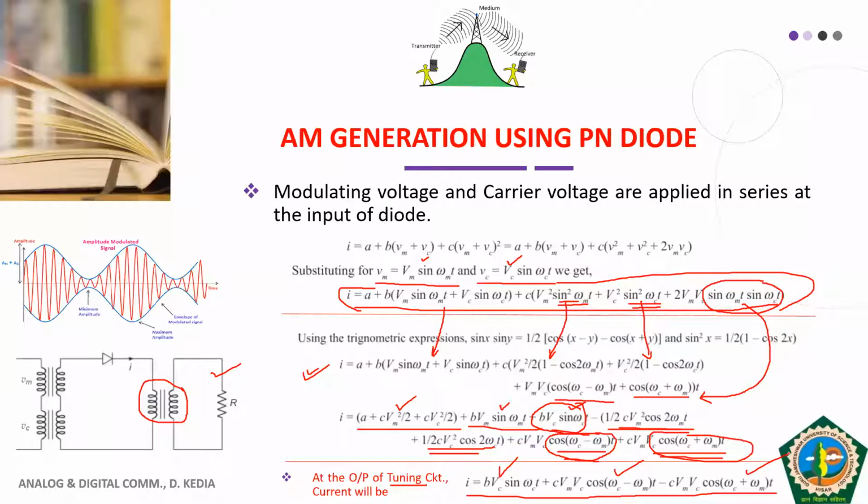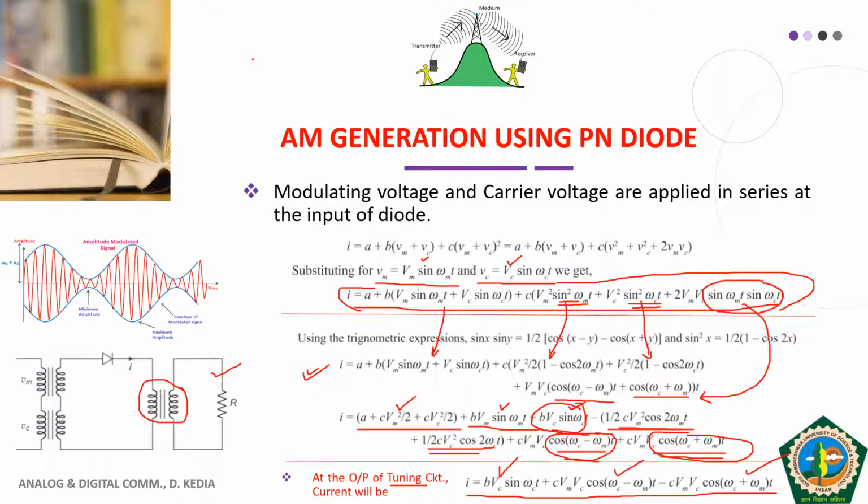More or less the discussion that we have done now is the same as that we did in the last 2 slides where we generated AM using a non-linear resistance. In this present slide, we have simply replaced our non-linear resistance with a diode, and a complete circuit has come in front of you, which is giving you amplitude modulated signal generation.